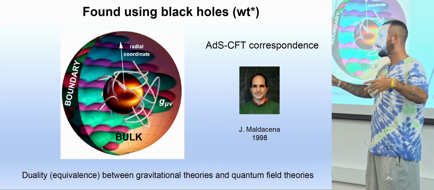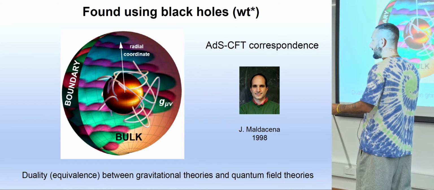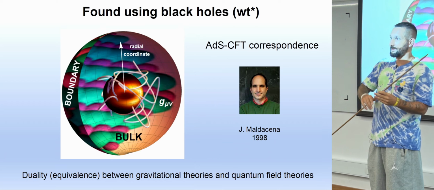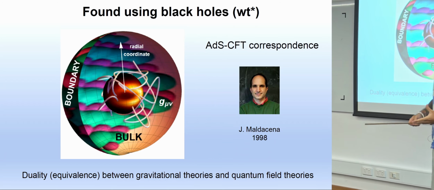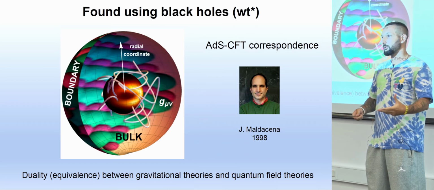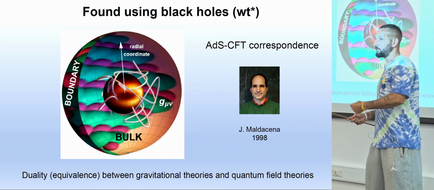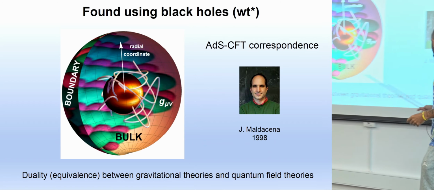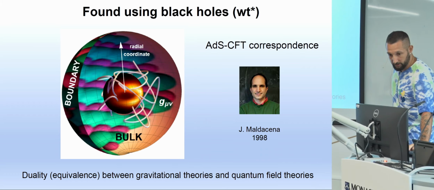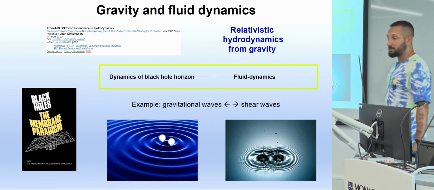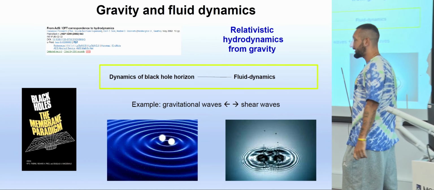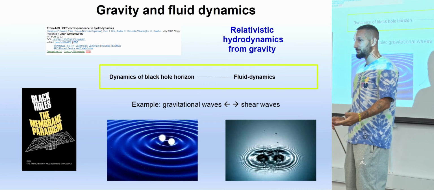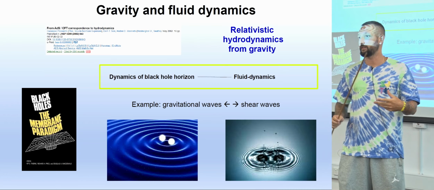So somehow, if you have a problem written in terms of some quantum field theory, you can map it back in terms of gravitational degrees of freedom. And you can basically solve or compute whatever you want to compute in your quantum field theory using gravity. Okay? So this is the idea. I'm not going too much into the details. But let me say one thing which is important, that the idea that gravity and fluid dynamics have a lot in common is definitely not new.